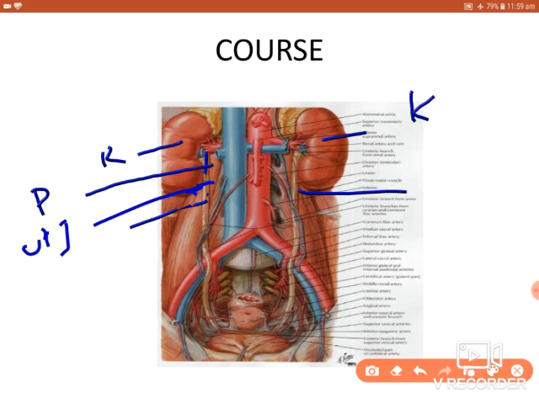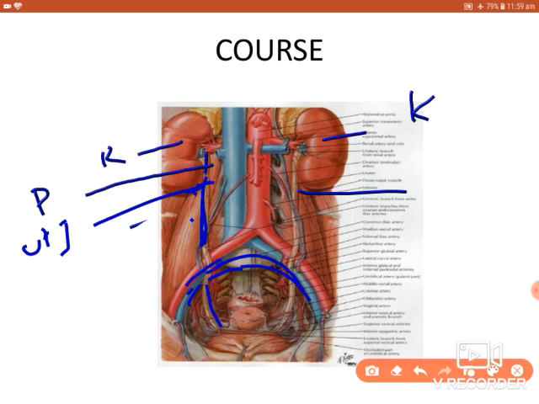Then the ureter goes anterior to the psoas major muscle, somewhat downwards and medially. This area forms the pelvic brim. Then it crosses the pelvic brim and enters the pelvic cavity, where it crosses the bifurcation of the common iliac.